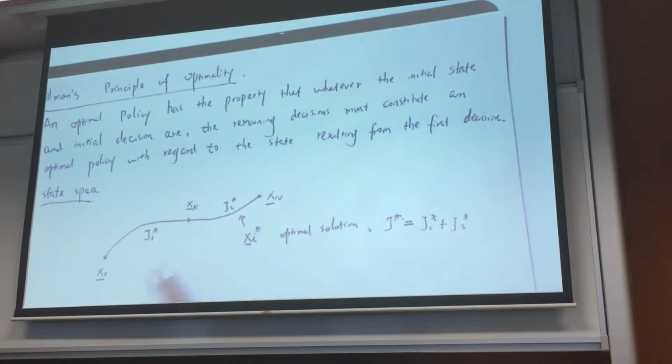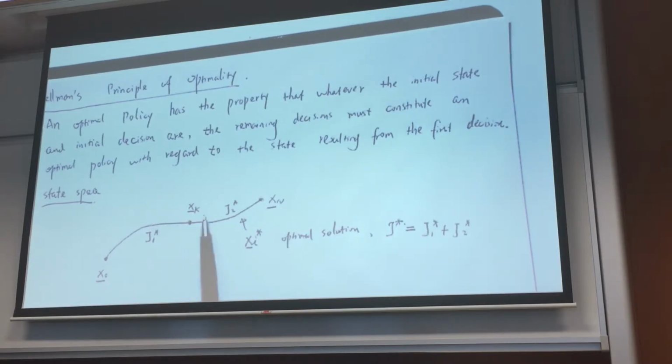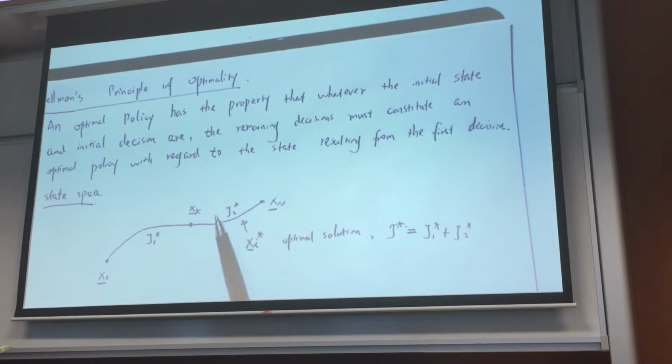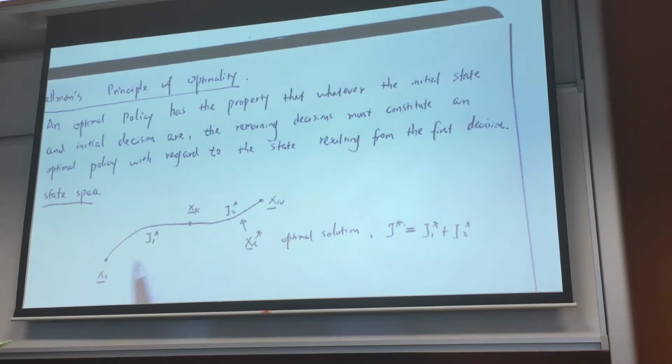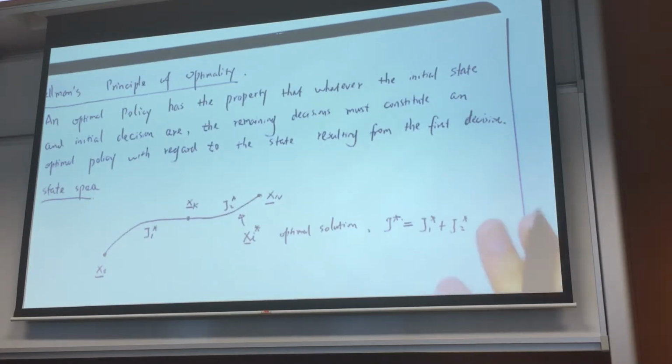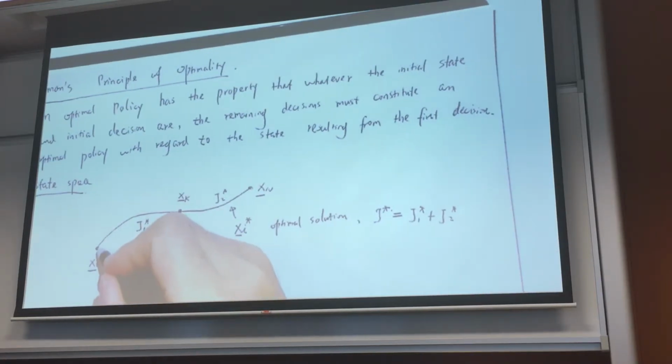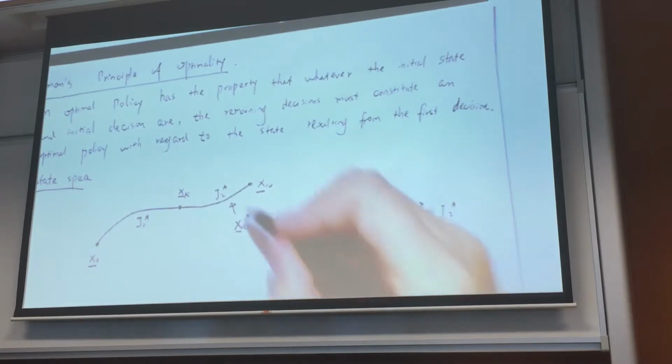We can do this in a recursive manner. We break the problem down into segments, then we solve the problem segment by segment. But the problem is the optimal trajectory is unknown, so how do we break it down into segments?